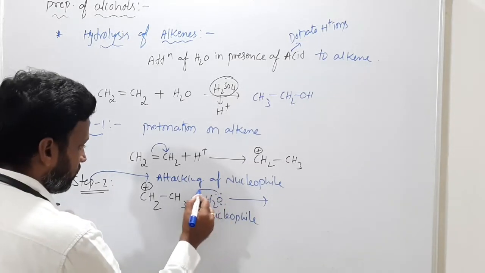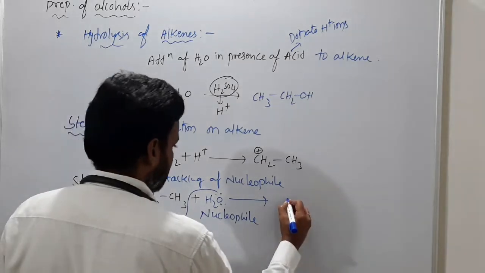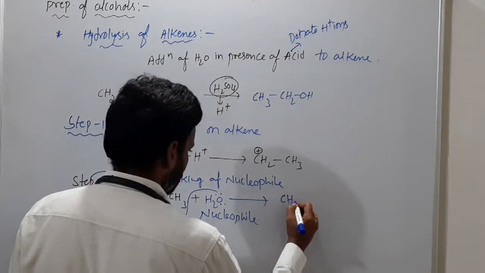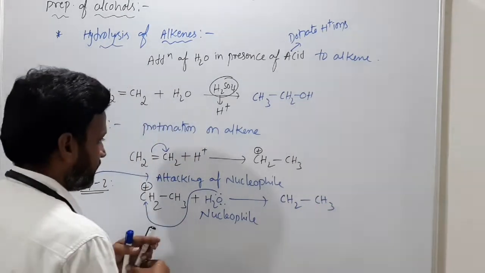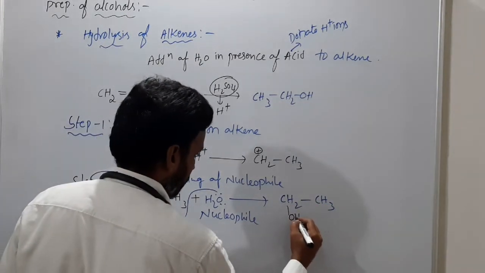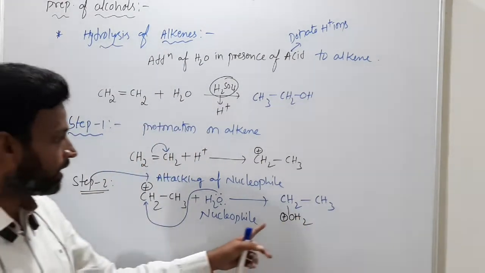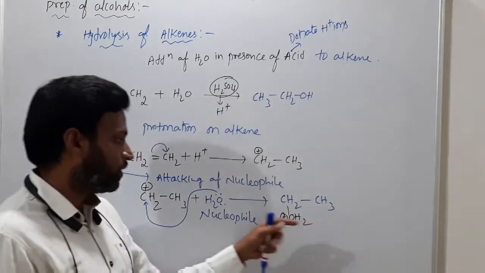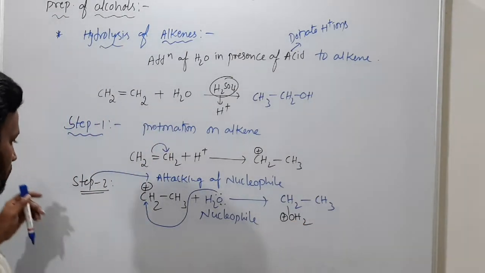So this lone pair will donate to this positive carbon. Certainly what happens here? CH2 and CH3, and here you have OH2 plus, positive charge on oxygen. Why positive charge on oxygen? It donated a lone pair to this carbon because this is a positive carbon.